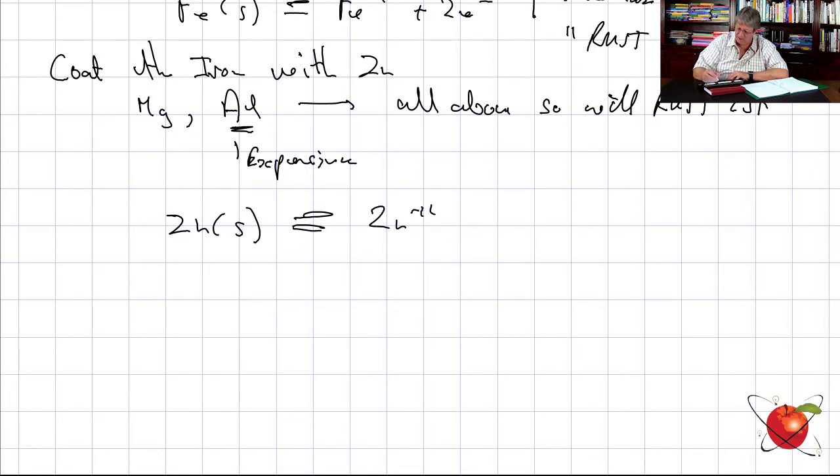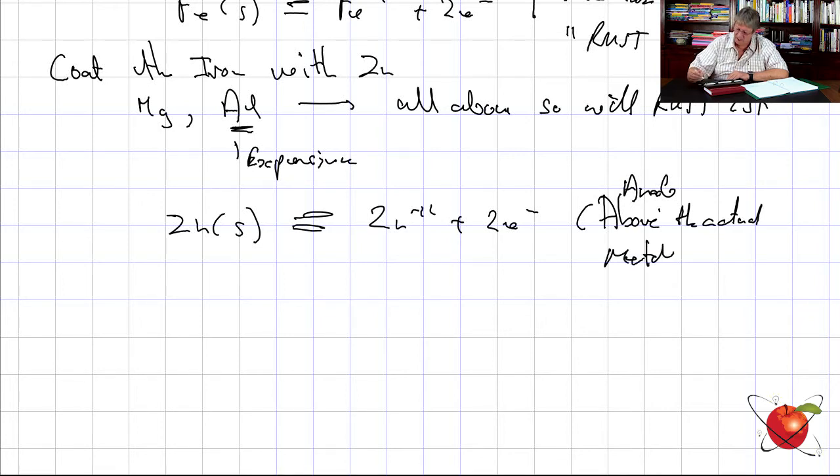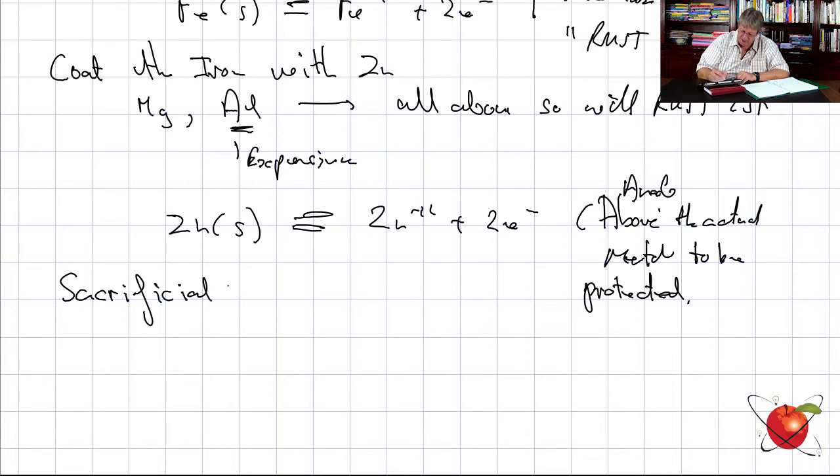We make you Zn plus 2 electrons, because this is an anode which is above the actual metal to be protected, which means it's going to go first. We call this a sacrificial anode.